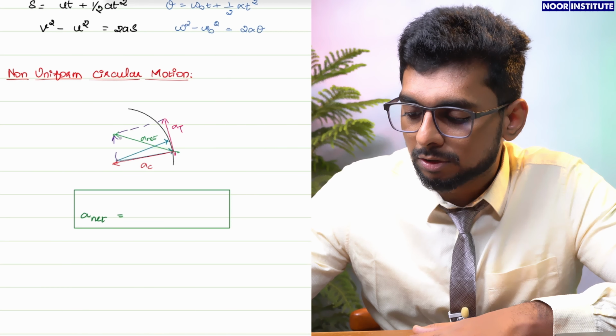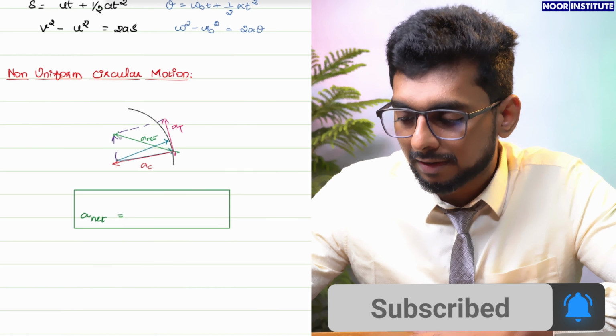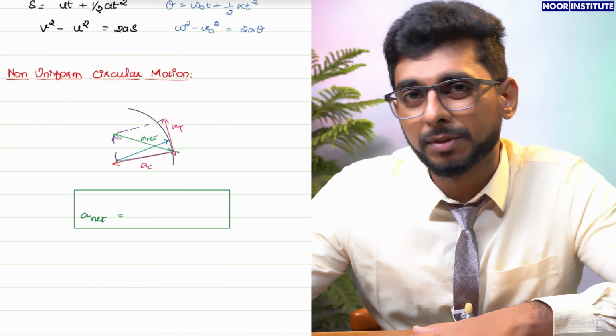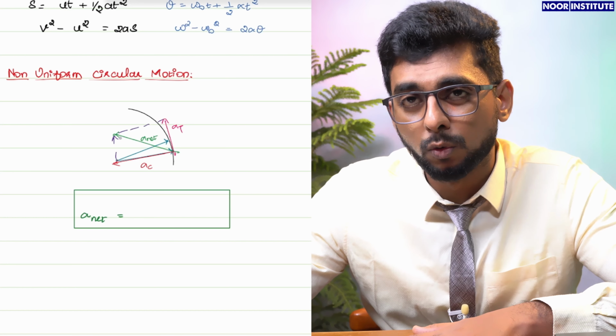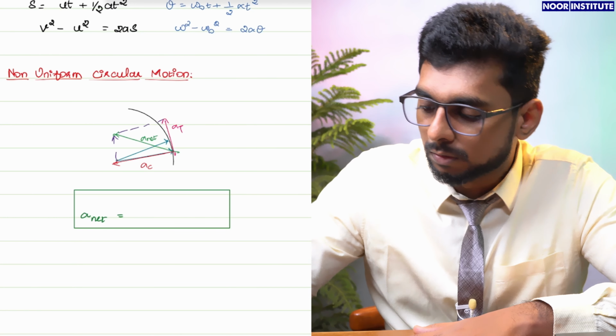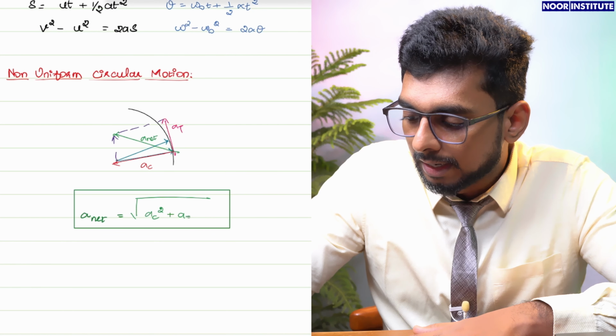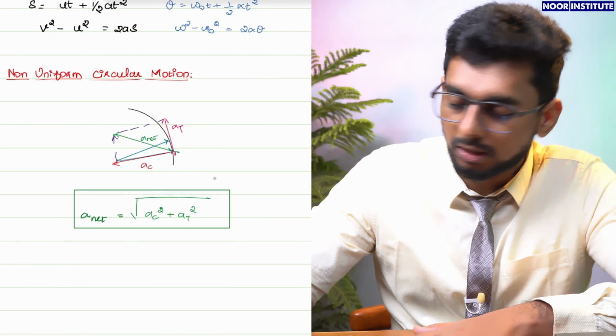It seems to be a right angle triangle straight away, a 90-degree step. Therefore a net will be given by the Pythagoras theorem, the root of ac square plus at square. Okay, so that will give me the a net.